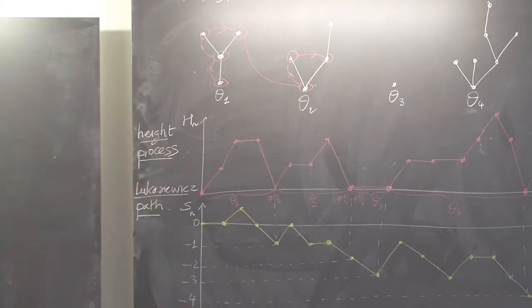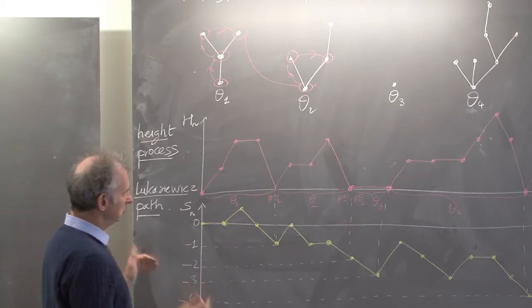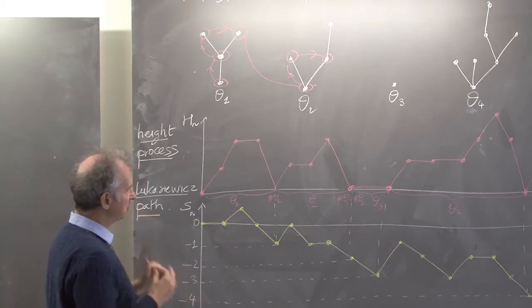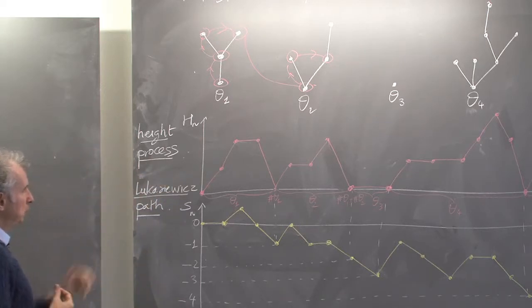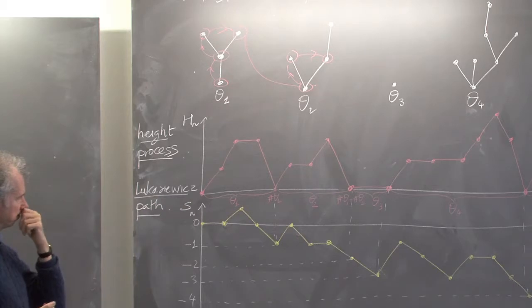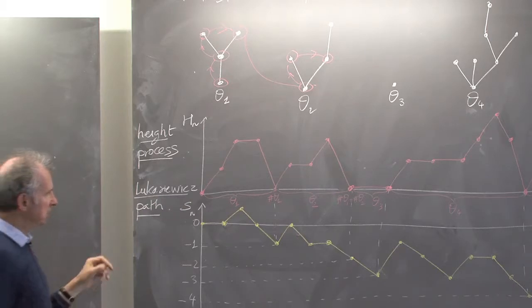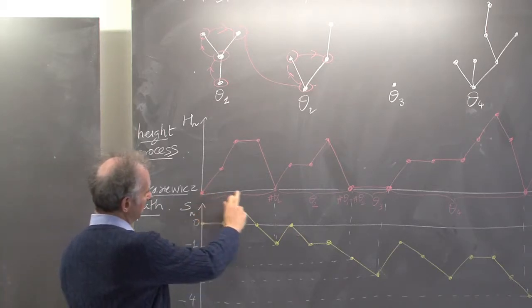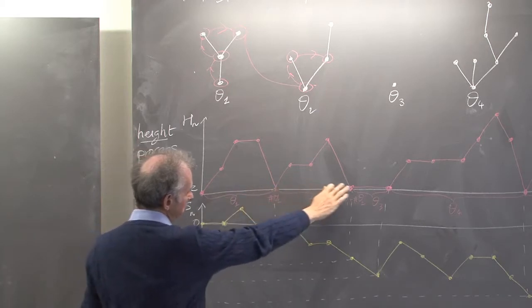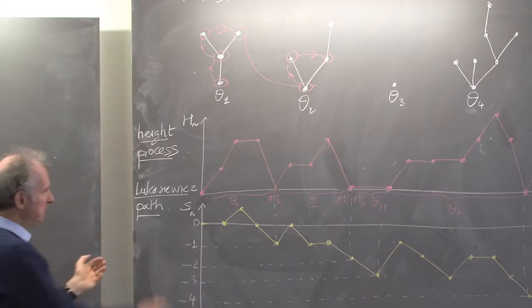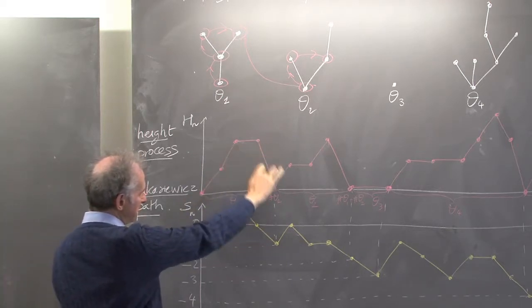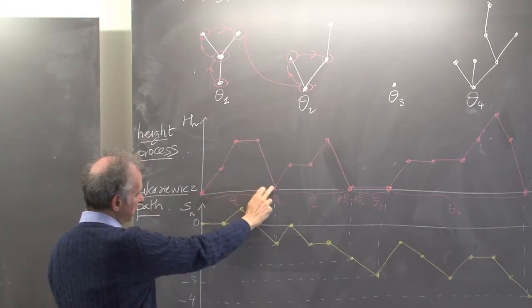And so on. Essentially, if you want to recover the sequence of trees, for instance, if you look at the height process, it's very easy because you look at excursions away from 0 for the height process. What do I mean by excursions? I mean a part of the red path here between two successive zeros.